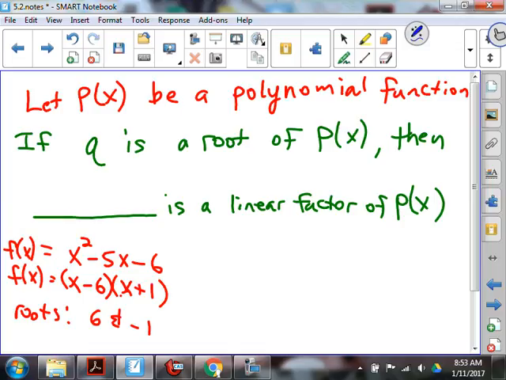No. It's going to be some kind of algebraic expression. Let me try to make it as clear as mud. Here's f of x, right? Because 6 is a root of f of x, x minus 6 is a linear factor of f of x.